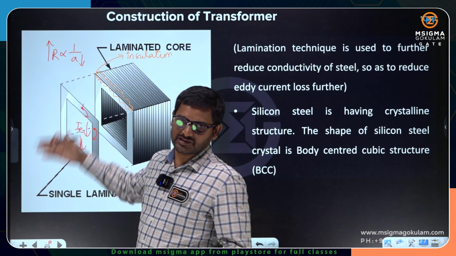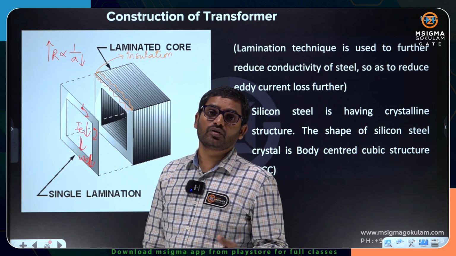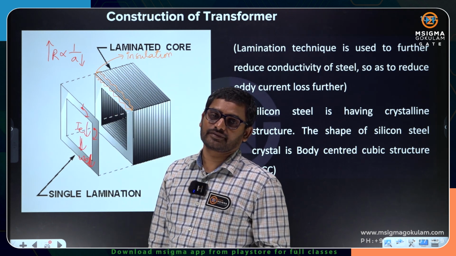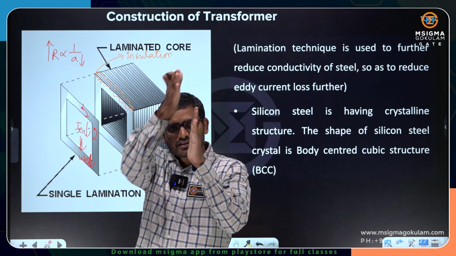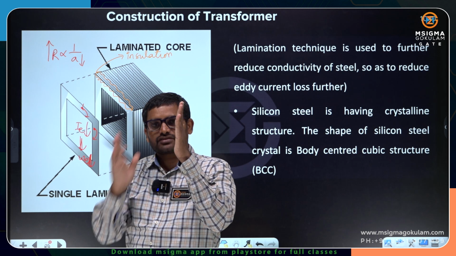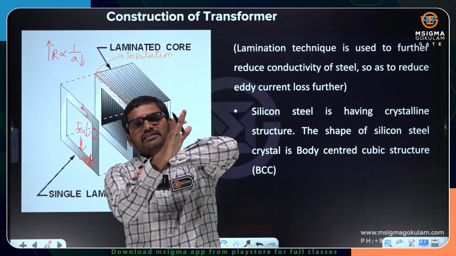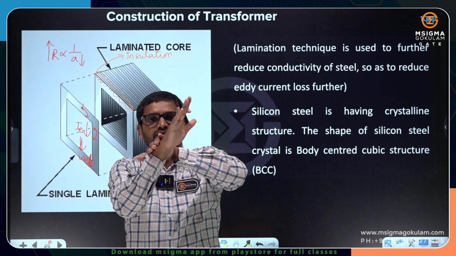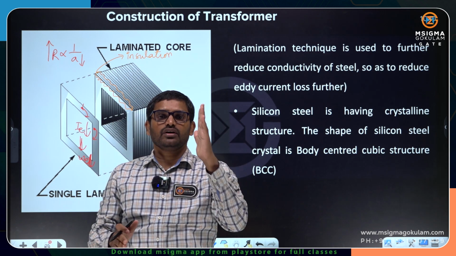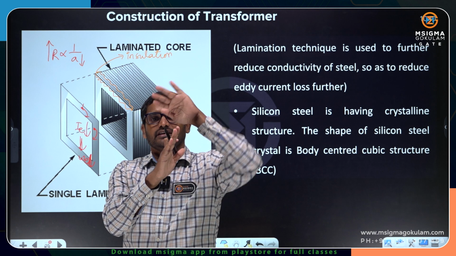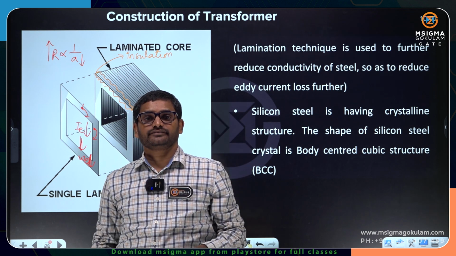We generally place paper, or otherwise we go for painting, varnish coating. If one lamination is there, one sheet is there, on this paint has to be placed. Next, one more lamination, on this insulation has to be placed. So, lamination, insulation, like that.